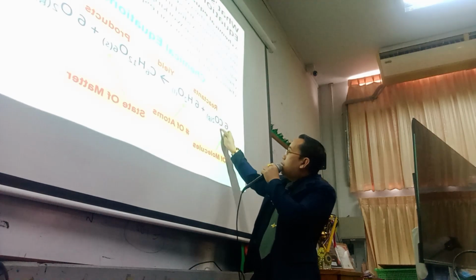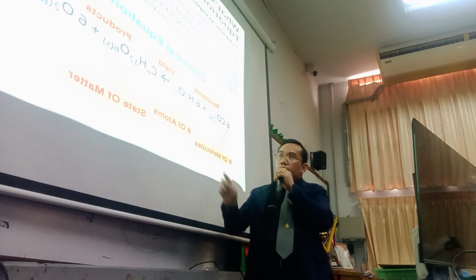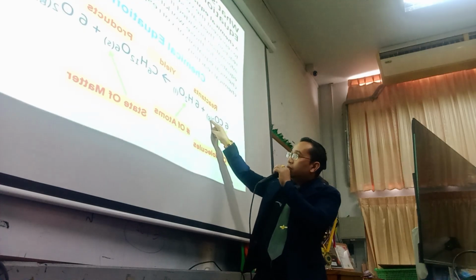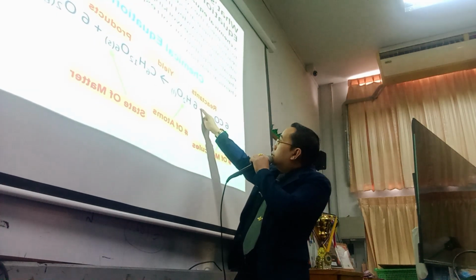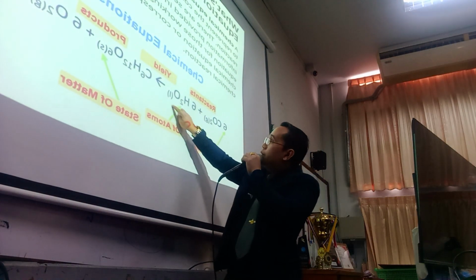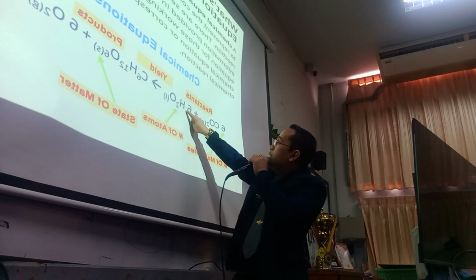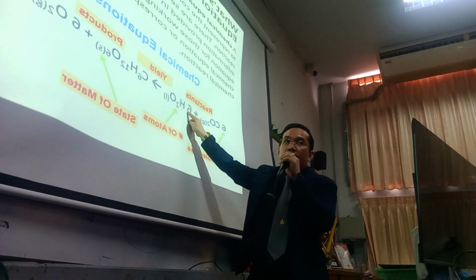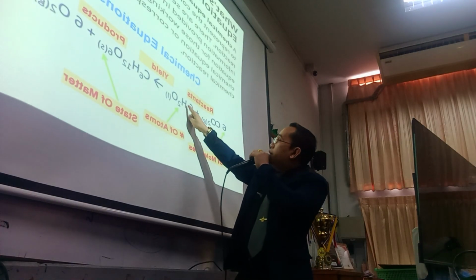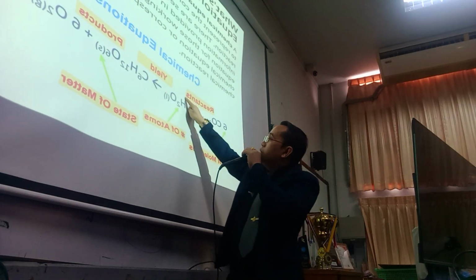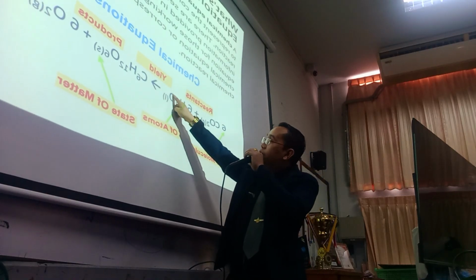And for CO2, remember, to determine what kind of state, this one is a gaseous state of matter. Then it is combined again with another component, with 6 molecules, because remember, this number 6 indicates the coefficient or number of molecules. And then followed by 2 atoms of hydrogen and 1 atom of oxygen.